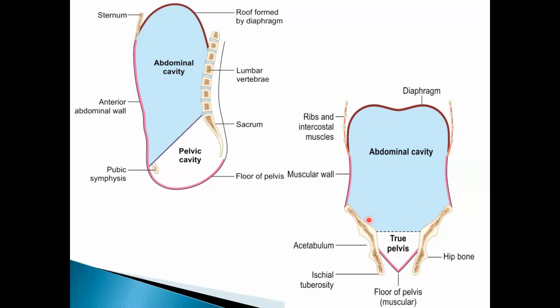The upper part, which is bounded by the ilium of the hip bones on both sides, is called the false pelvis, and below the pelvic inlet, this part is called the true pelvis. So first, the abdomen is divided into the abdominal cavity and the pelvic cavity. The pelvis is divided into the false pelvis and the true pelvis.